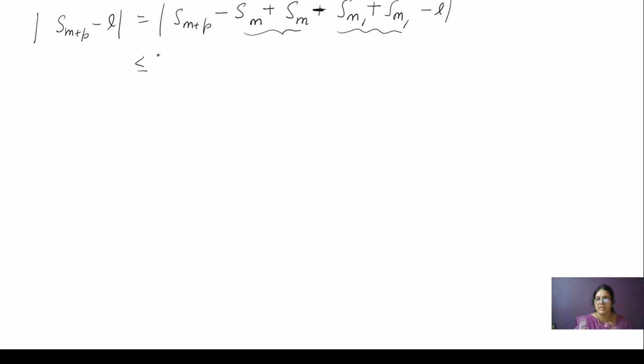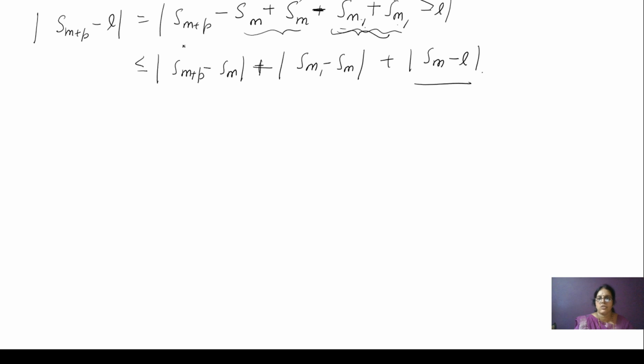So this is less than or equal to modulus of Sm plus p minus Sm, plus modulus of Sm1 minus Sm, and plus modulus of Sm1 minus L. These two terms are negatives of each other, so it is minus of Sm1 minus Sm, but while taking modulus it becomes plus.